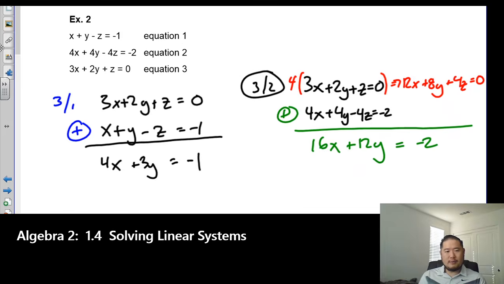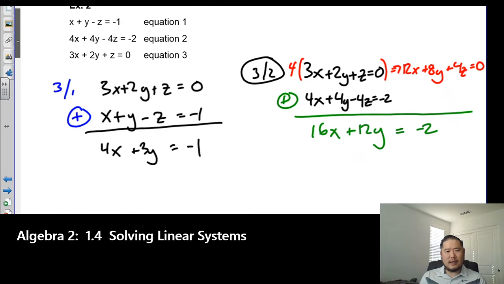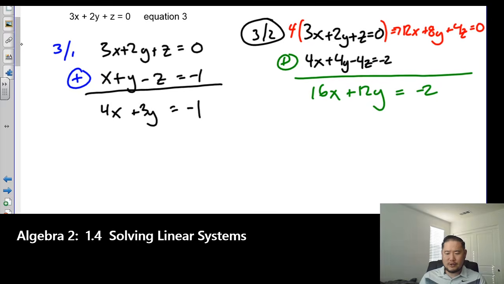For our next step, we didn't have to do this in example 1, but we're going to have to do this here in example 2. Since I still have 2 variables, 2 unknowns, what I'm going to need to do now is take the equations right here and pretty much do the same thing. Use the addition method to solve this out.